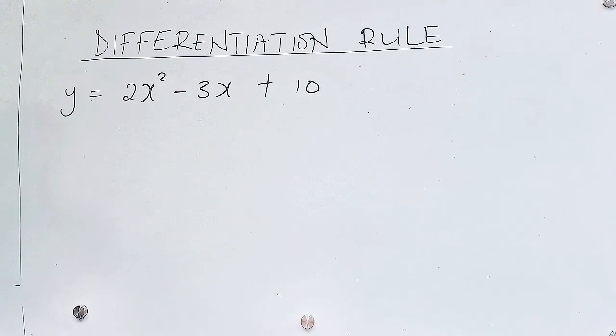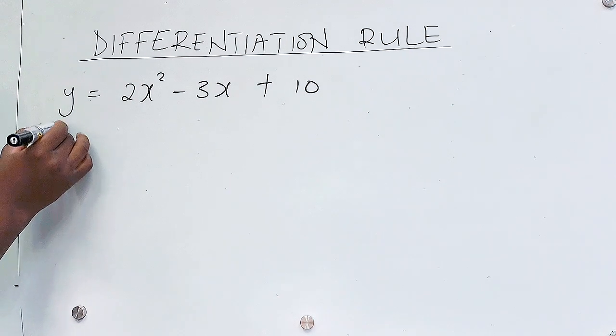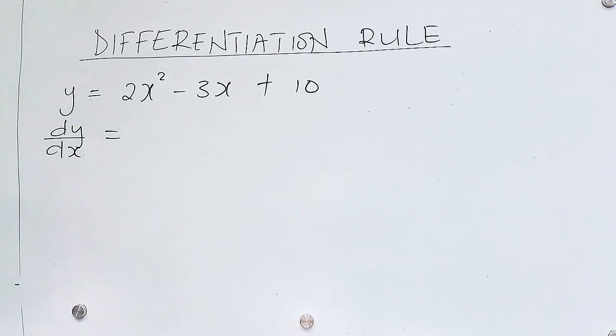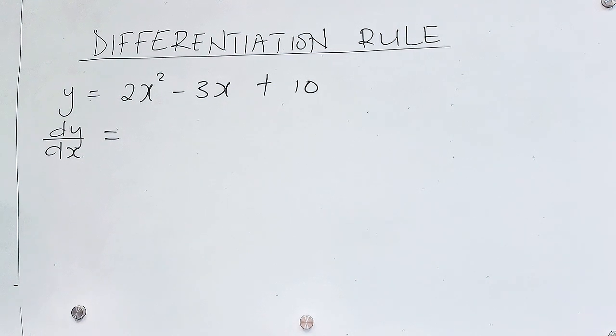There is another example. y is equal to 2x squared minus 3x plus 10. We need to find the first derivative, which is dy dx. What dy dx means is we are differentiating y with respect to x.